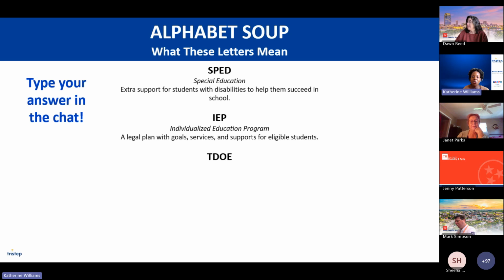If you know what those letters stand for, I'll give you a hint. The T stands for the state that we live in. Yep, you all are awesome. Y'all are correct. Tennessee Department of Education, so the state agency that oversees schools and special education.